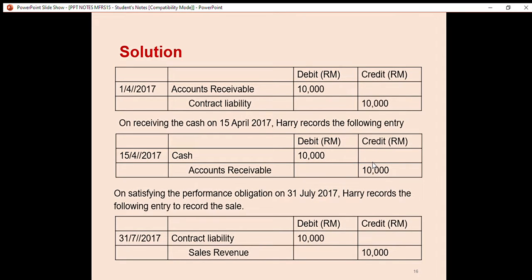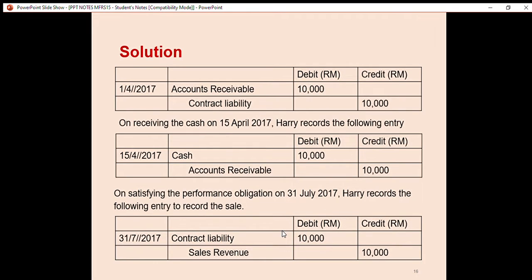Then on satisfying the performance obligation on 31st July 2017, Harry records the following entry to record the sale. On 31st July 2017, the goods have been delivered by the seller to the customer. So the seller will debit the contract liability 10,000.